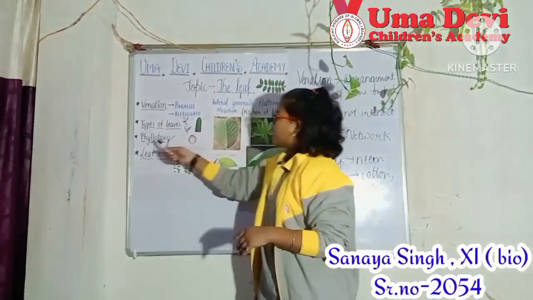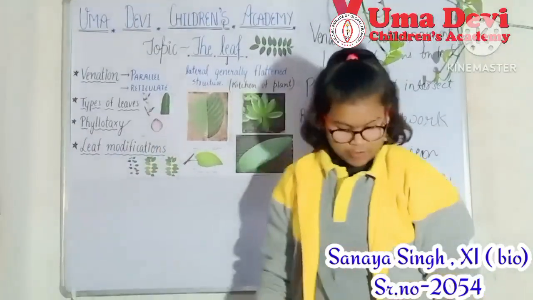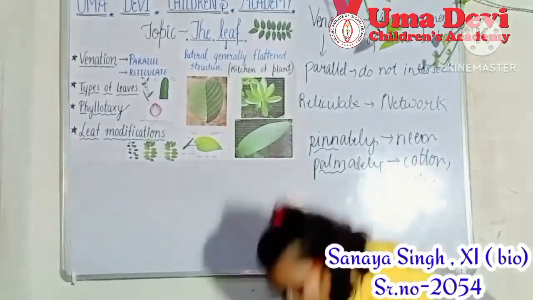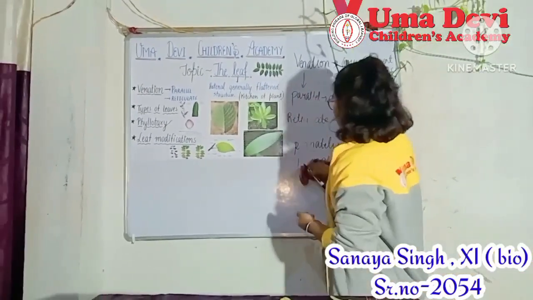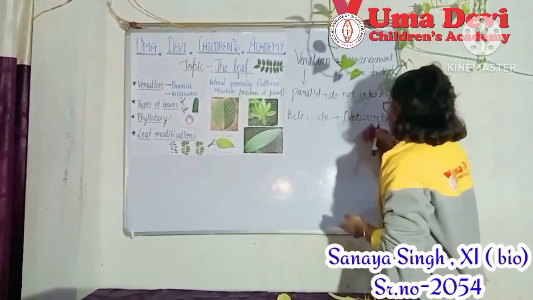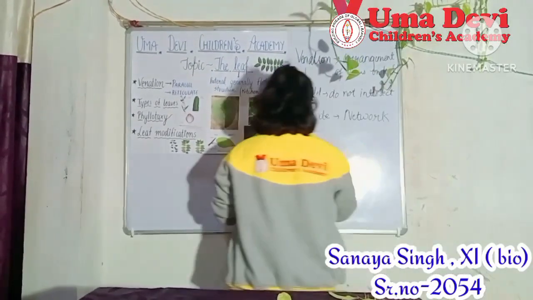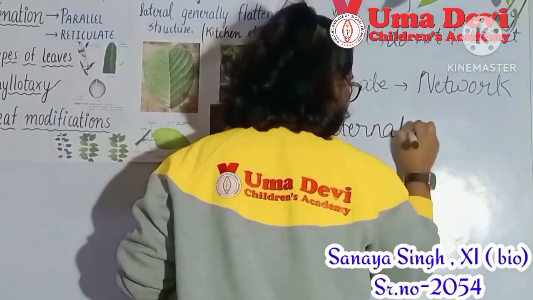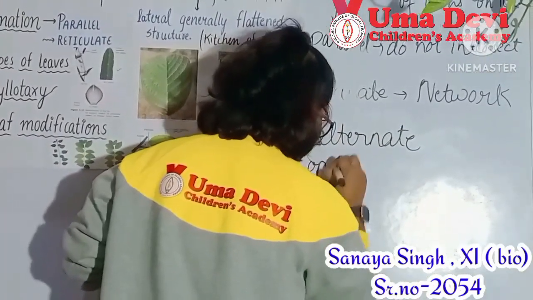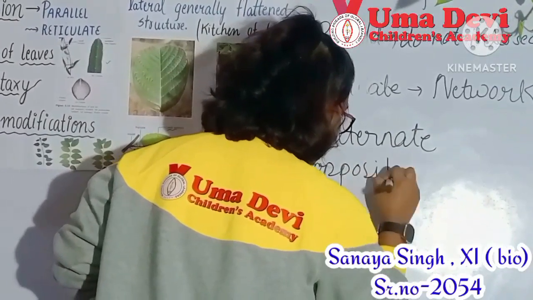And then let us come to phyllotaxy very soon. What is phyllotaxy? Phyllotaxy is the arrangement of the leaves on the branch. Phyllotaxy is of three types: alternate, opposite, and whorled.